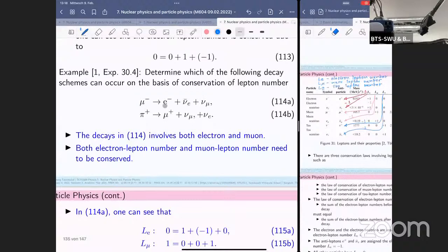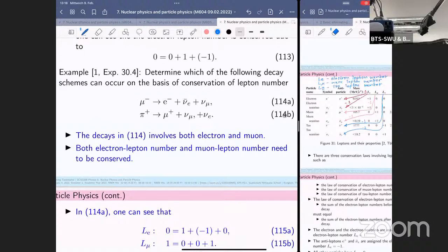Let's take a look at the same equation for muon, because equation 114A involves both electron and muon. It has some relation to electron and muon, so we need to consider also the muon lepton number.